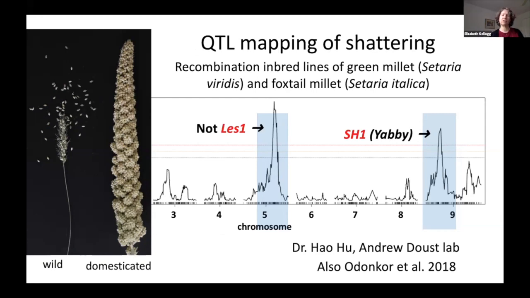LES1 is actually over here. So what we're thinking right now is that the transposon in LES1 probably reduced shattering and may have been involved in early domestication, but then subsequent much stronger mutations were involved in actually producing this completely non-shattering domesticate.